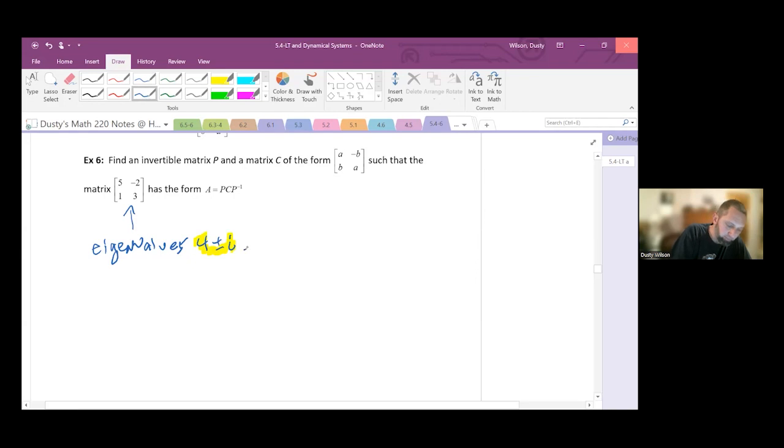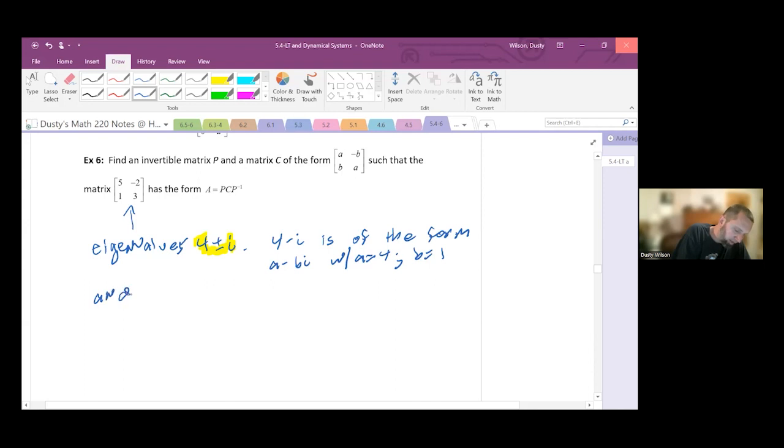So 4 minus i is of the form a minus bi. Remember, we assumed that our b's were positive, with a equal to 4 and b equal to 1.